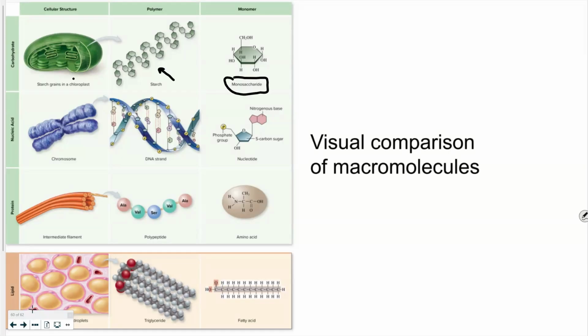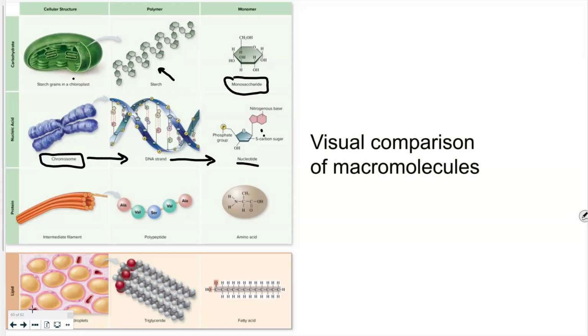Okay. Nucleic acids, things that we've heard about before, chromosomes, right? These are for your DNA, they're composed of your DNA. Okay, DNA is the polymer. And that polymer is composed of nucleotides as their monomer, and nucleotides have three parts.